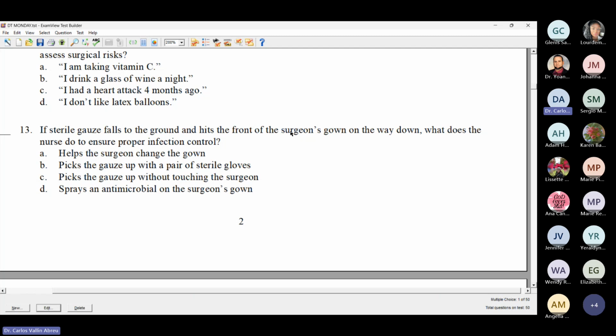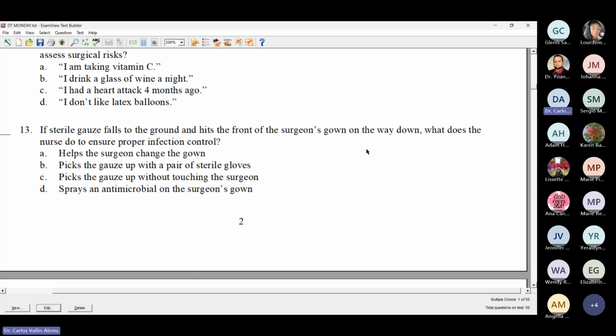The surgeon, the doctor, is wearing a sterile gown, and then a sterile gauze accidentally falls. Then the gauze in the fall is going to touch the sterile gown. So sterile is touching sterile, no problem. And then eventually, the gauze is going to fall on the floor. Now it's not sterile anymore.